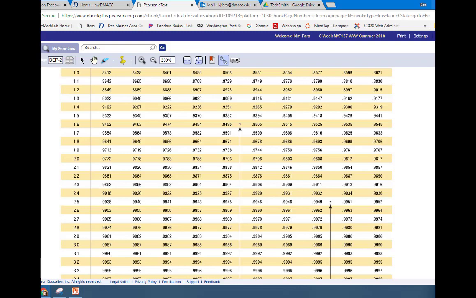So let me go back to my PowerPoint. So we want N equals, and our critical Z is going to be 2.33 times our population standard deviation, which we estimated 0.775. And then we want to divide that by our error, and we want that to be 0.1 degree Fahrenheit.